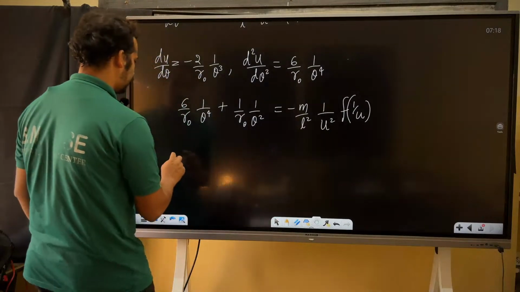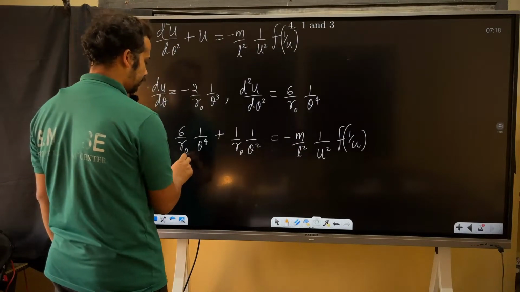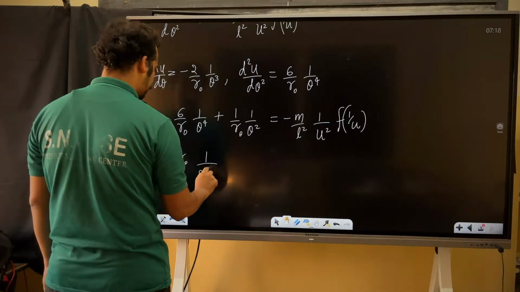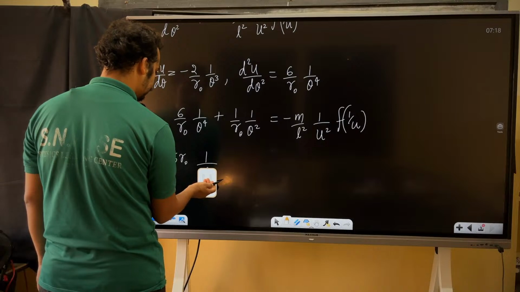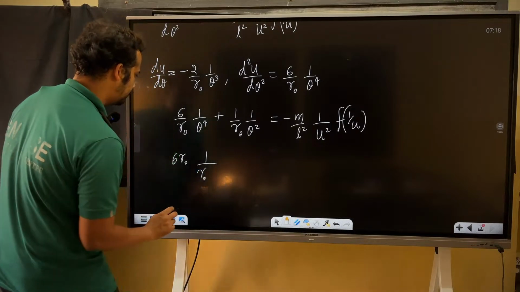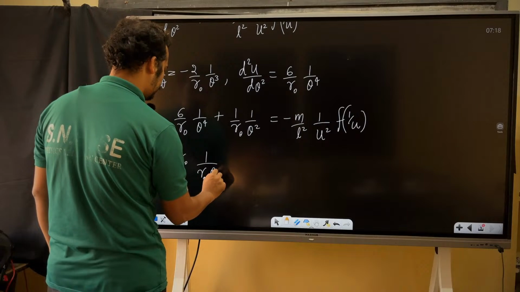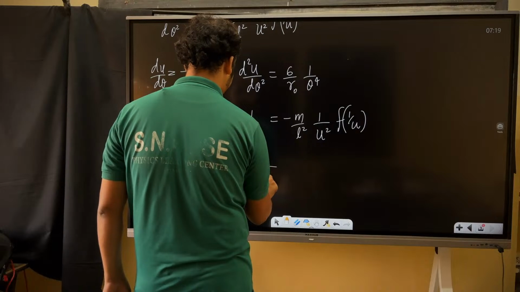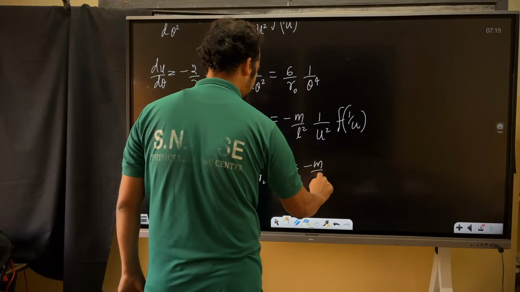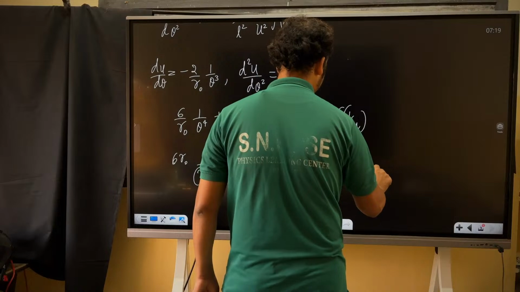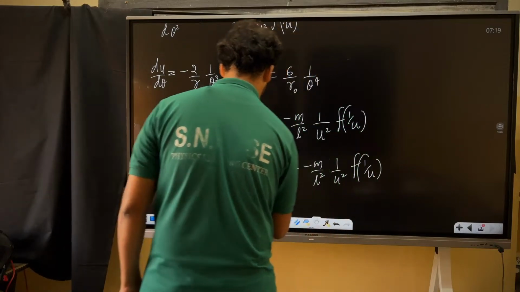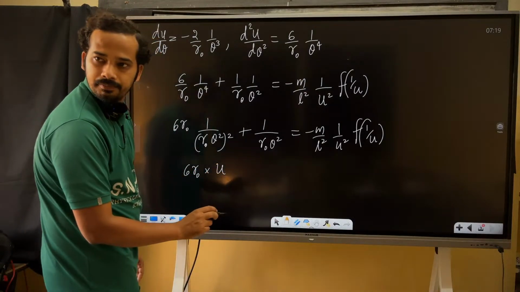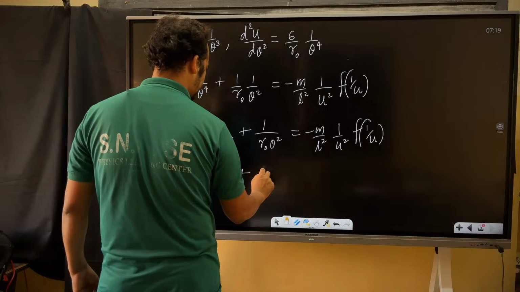I'll do one thing: 6 r naught, 1 by r naught square, r naught theta square the whole square. Can I write like this? Just manipulating. Plus 1 by r naught theta square equals minus m by l square 1 by u square f of 1 by u. So what is this one? Into u square plus this is u simply.